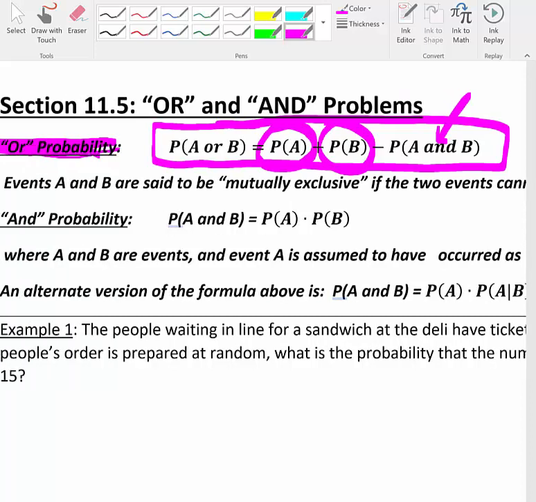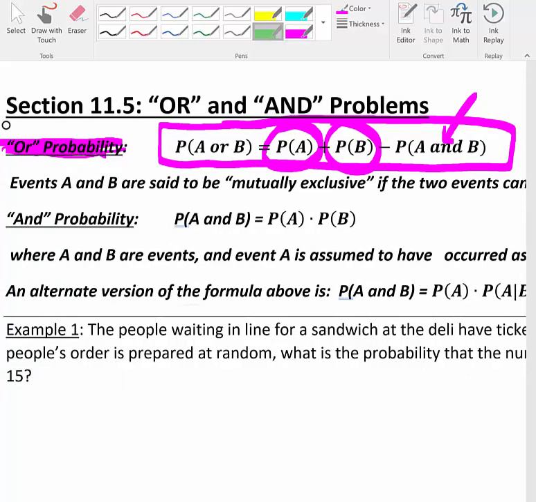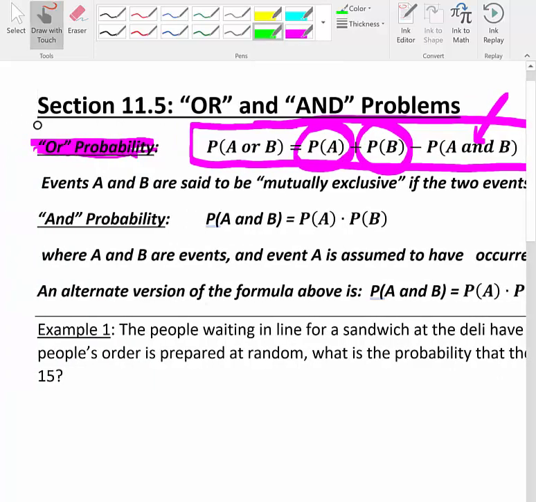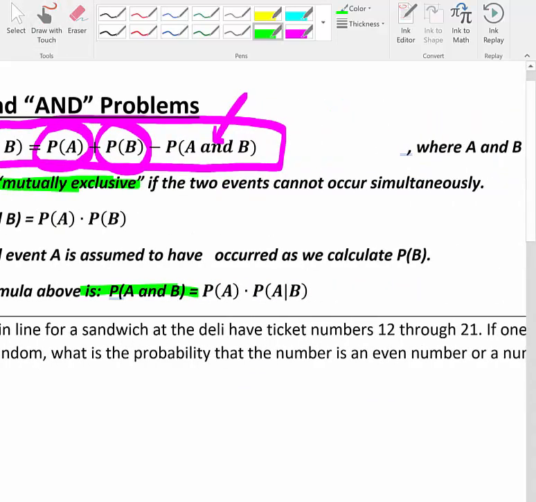There's also a definition that we won't ask about on the exam, but just in case it's in the homework: we say that events A and B are mutually exclusive if the two events cannot occur simultaneously. You might have already heard that in everyday language.